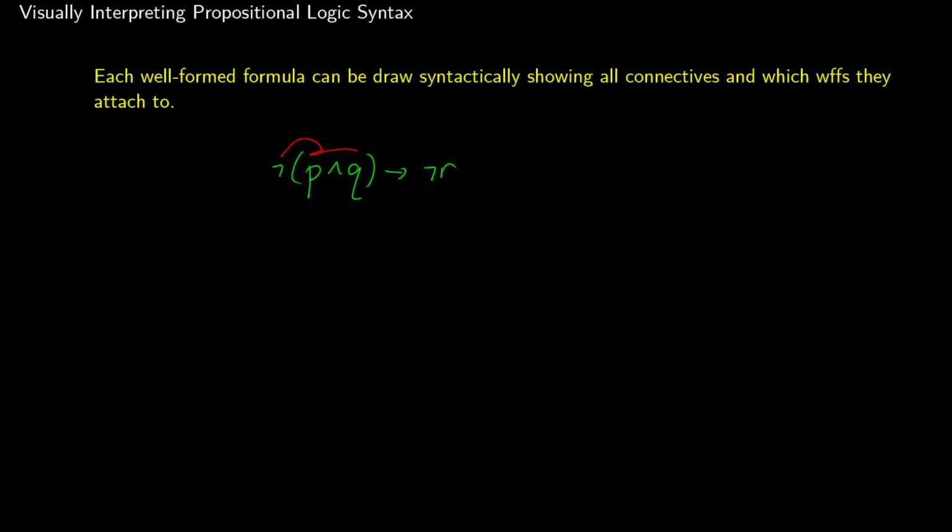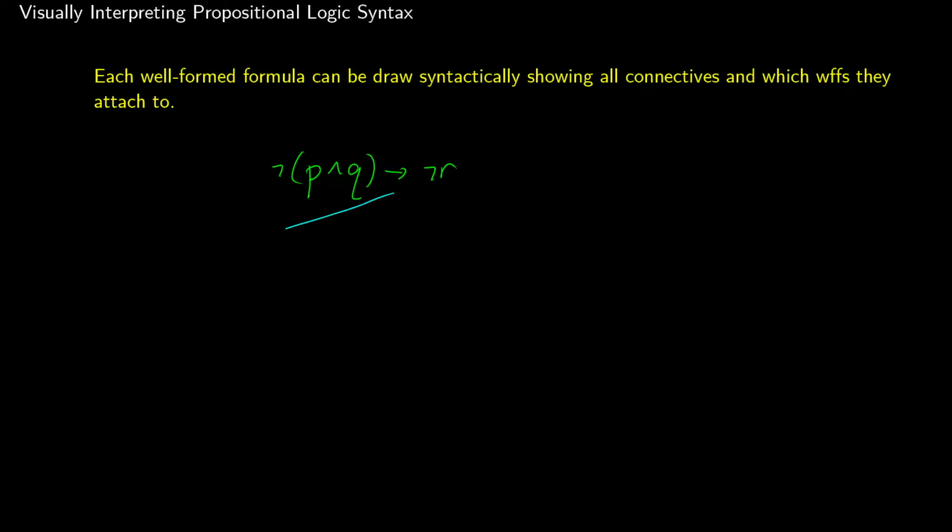Well, this not is just seeing P and Q. It can't see R, so that's not going to be the main connective. And is in the brackets, it only sees P and Q. This arrow is going to see everything before it and everything after, because if you take two well-formed formulas and put them together with an arrow, that's what it looks like. So the main connective here is going to be the arrow.